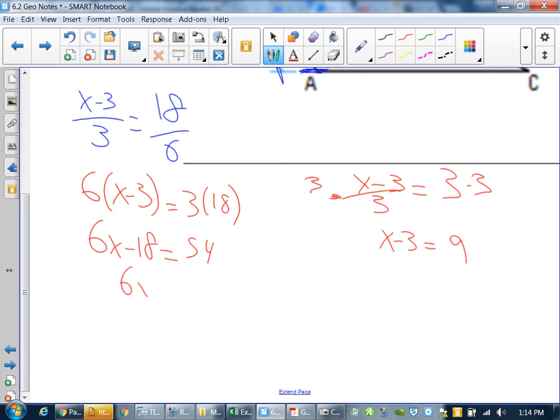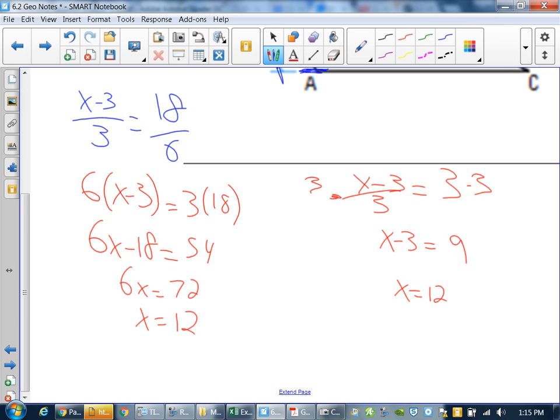Add 18. What's 9 and 3? You get the same thing. Sometimes it's just easier if you recognize anything that can be simplified. Do it first. It's just easier on your brain. That's all. That's all that is. So quite honestly, that's about as complicated as we start with on these types of problems.